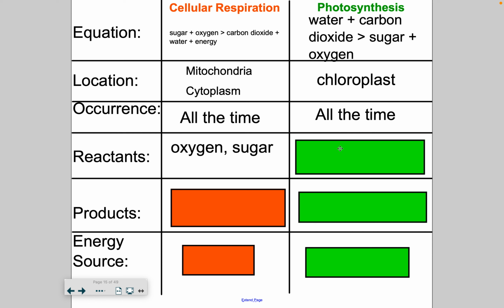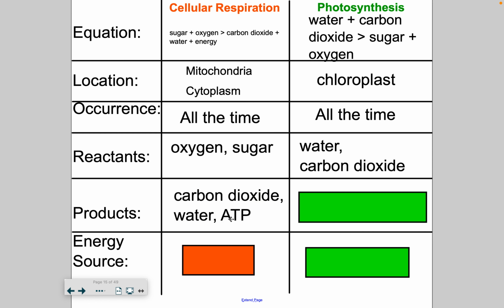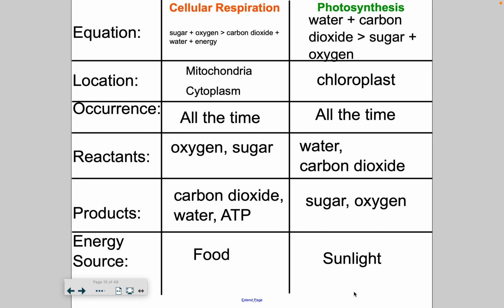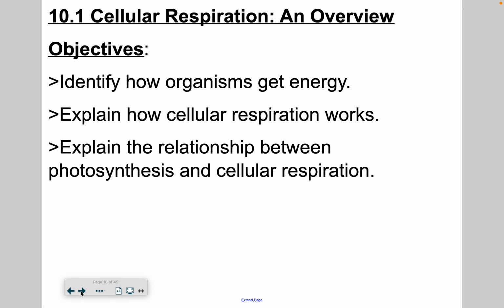What goes into photosynthesis? Water, carbon dioxide. Products, what comes out? Carbon dioxide, water. Oh, and ATP, energy. Forgot energy. Products for photosynthesis, sugar and oxygen. The energy source, food. What's the ultimate energy source for photosynthesis? Sunlight. So that's a nice side-by-side comparison of photosynthesis to cellular respiration.